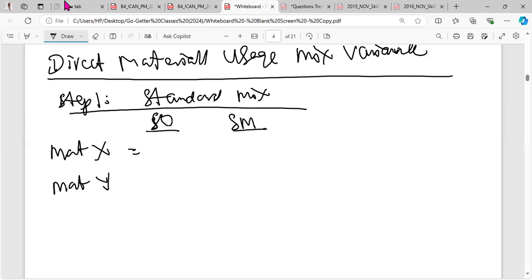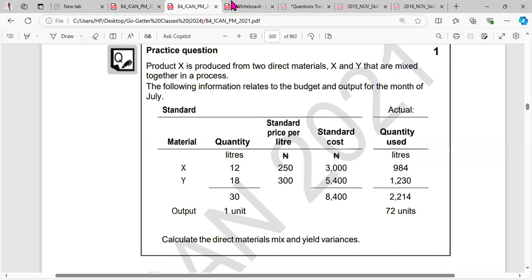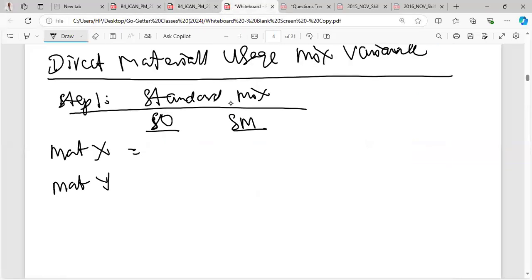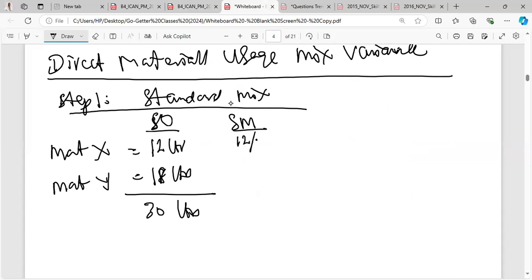So what is the standard quantity here? 12, 18. So we have 12 liters. This is 18 liters. Total is 30 liters. Now the standard mix should be 12 over 30, and this is 18 over 30. If you can simplify this further, you do it. If you cannot simplify it, you leave it that way.